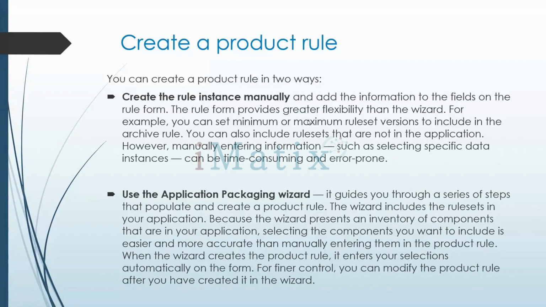This is more suitable in scenarios where I have to move huge parts of the application or if I am migrating my application for the first time. I better go for using a wizard. Instead of manually entering each one of it, the system would show me the details and I can select from them all. That's how the wizard is going to work.